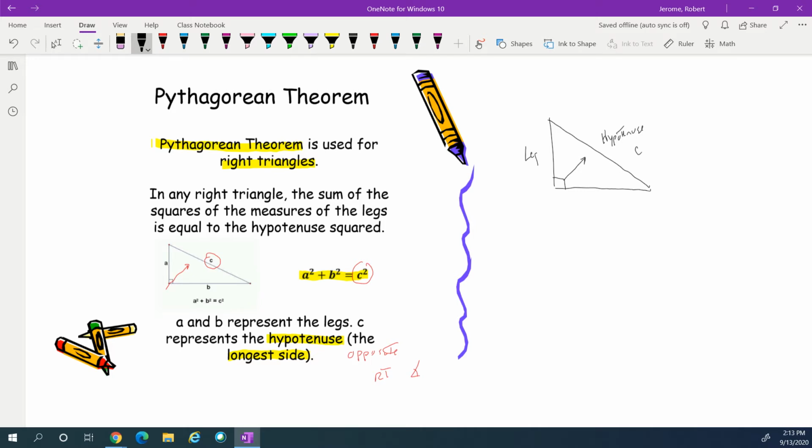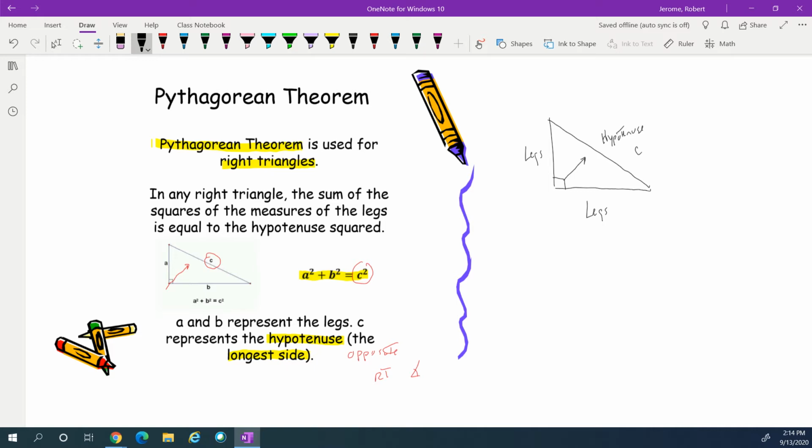And then the other two are called legs. One of them is a, one of them is b, and it does not matter which. When we use Pythagorean theorem, the one you have to have in the correct spot is c.